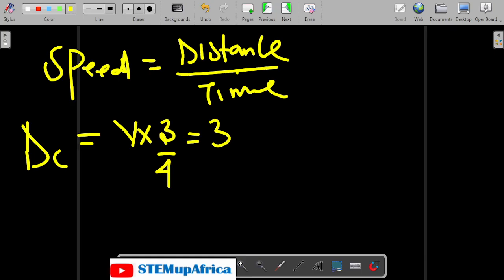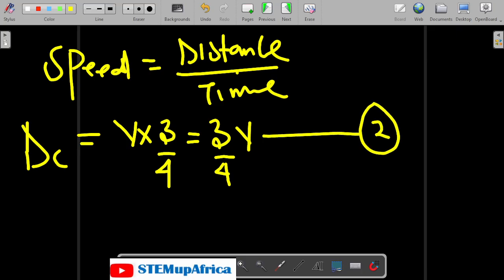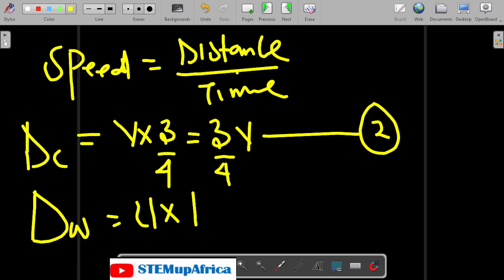So we're having 3 over 4 V. Let's call this equation 2. While the walking distance, let's call it dW, is the speed, which is U, times the hour used to walk, 1 hour. That will give us U. Let's call this equation 3.